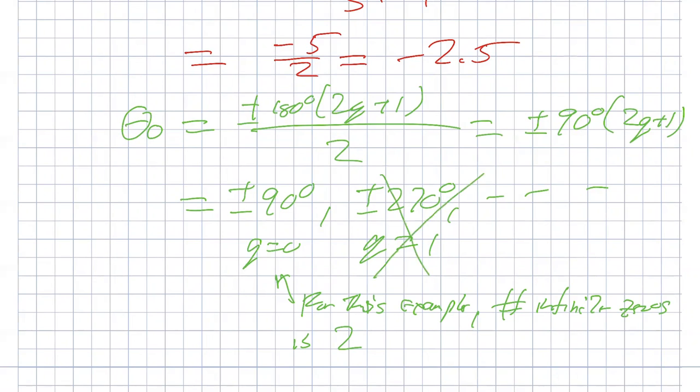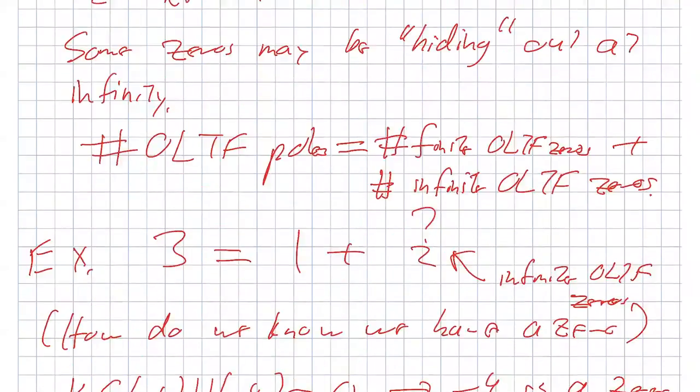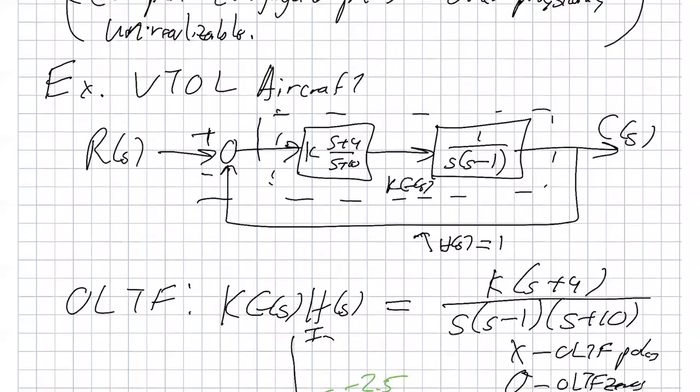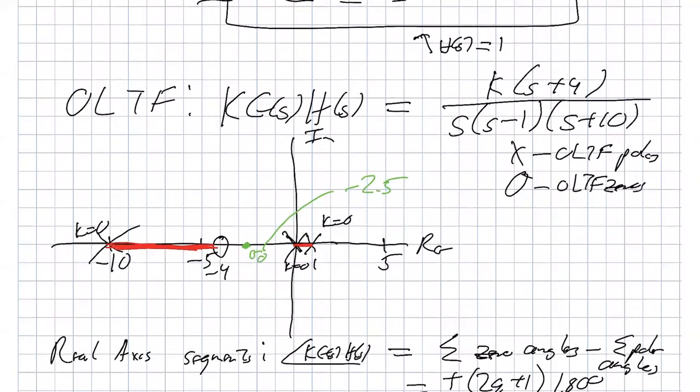If we needed 3 angles, then obviously we would need one of these angles from here. It's not going to give you any more angles. It's just going to give you the same angles going forward the further you go to the right. So we've got plus 90 and minus 90.